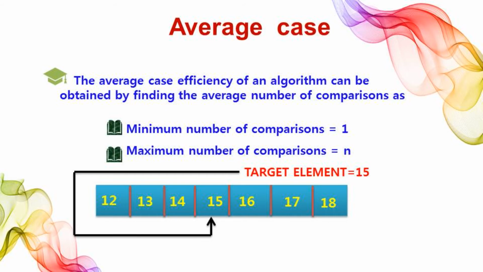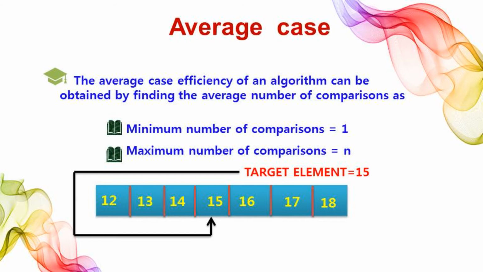Average case efficiency. The average case efficiency of an algorithm is found by computing the average number of comparisons. The minimum number of comparisons is expressed as 1 and the maximum number of comparisons as n, if the element is not found.